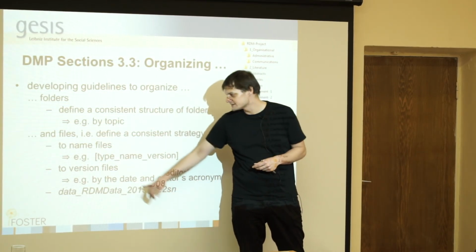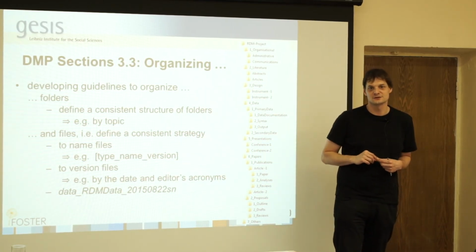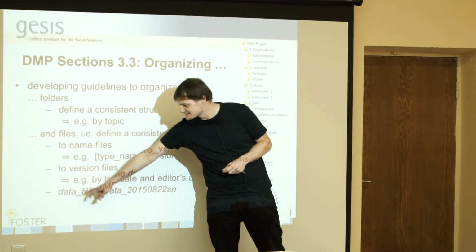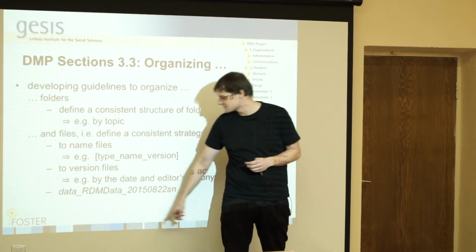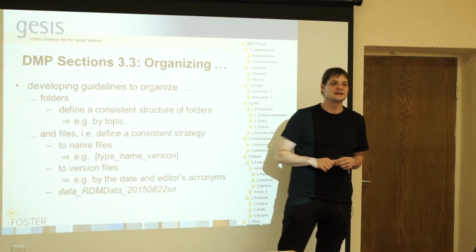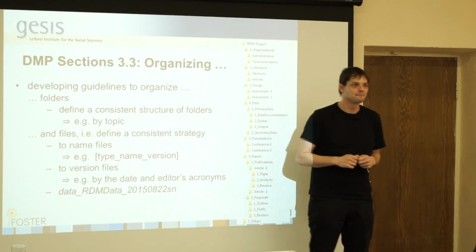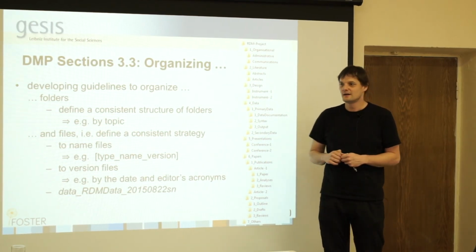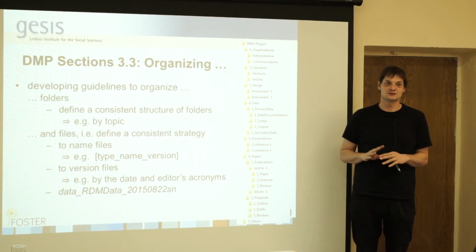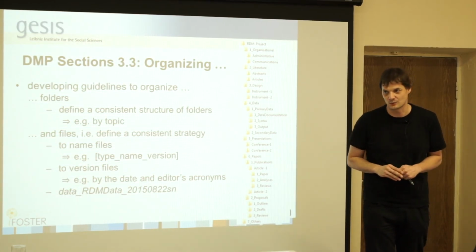For the version, I simply use the example of including the date of creation of origin as well as the acronym of the creator. So, for example, we might have a file that is named data, so it's a data set, underdash RDM data, because this project was called RDM, underdash, and then simply the date when the file was created of origin and the acronym of the editor, SN for my own name. But once again, it's just an example, and you might put into a file name whatever you'd like, and your versions might look however you prefer. It should be consistent. That's the important thing.